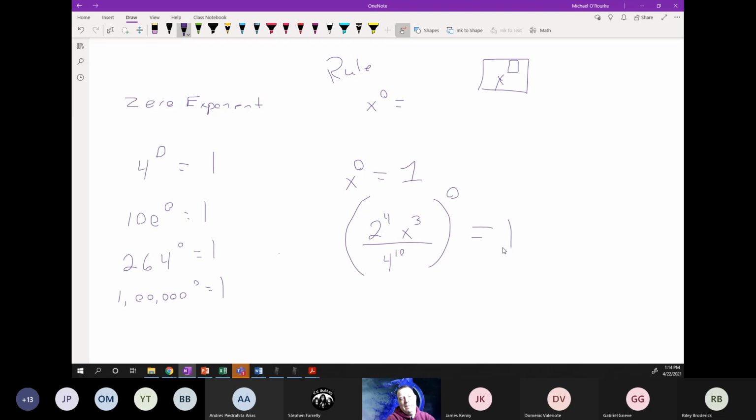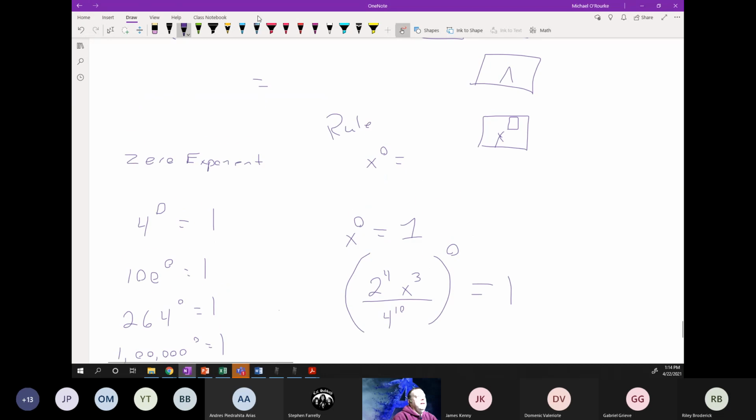Okay? Does that make sense to everyone? It's kind of weird in a way, but it works. So here's your rule to the power of 0.